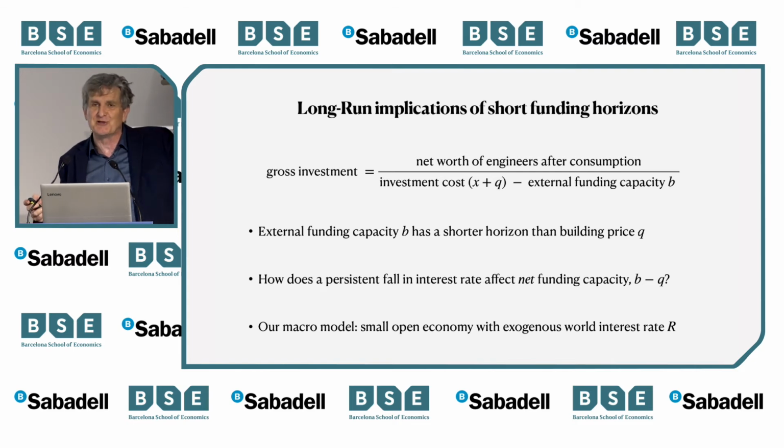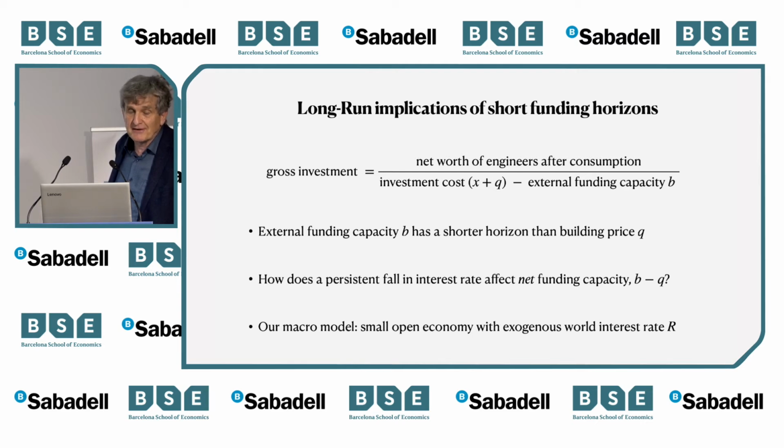We may be going in the opposite direction now, but over the last 20, 30, 40 years, even in Japan, there's been very low interest rates. What is the implication of low interest rates? On the face of it, low interest rates are good for borrowers and should be good for investment. But there are some offsetting effects.